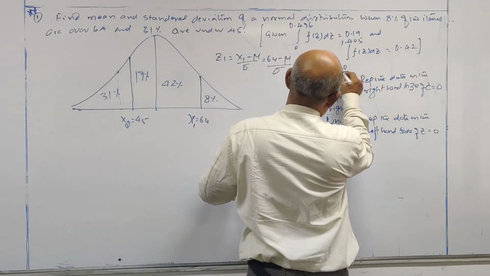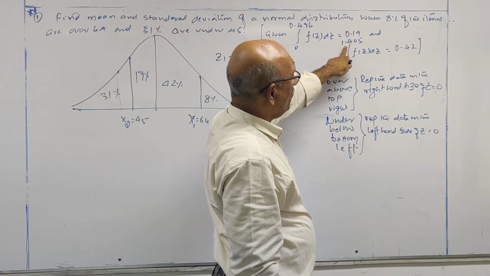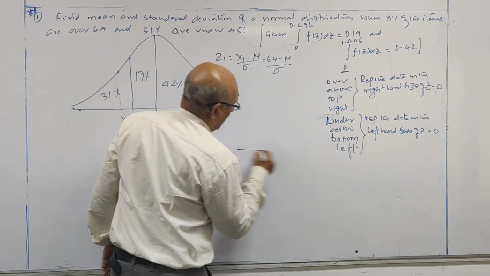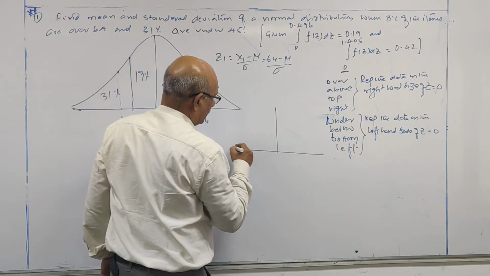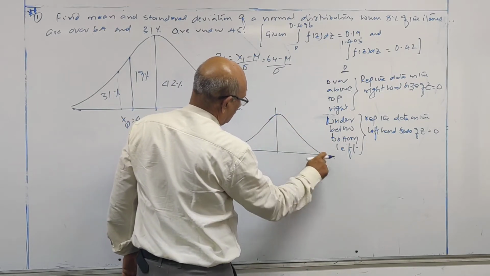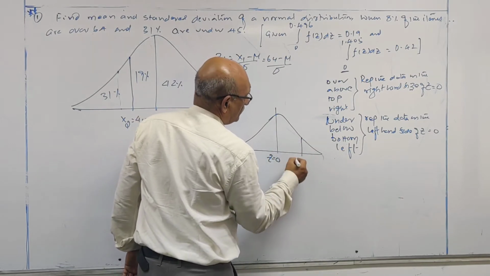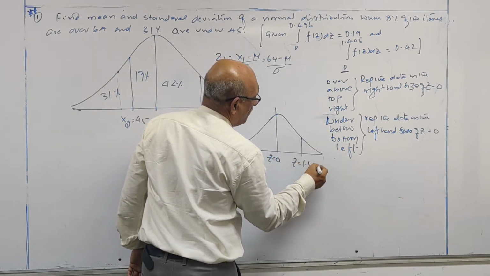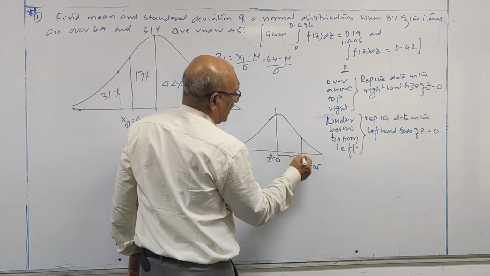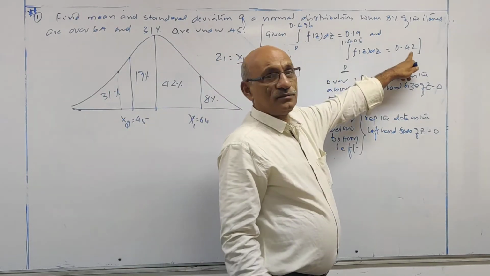Look at this. Z is equal to 0 to Z is equal to 1.405. If I take a normal curve, Z is equal to 0 to Z is equal to 1.405, this area will represent 42%. It is given in the question.